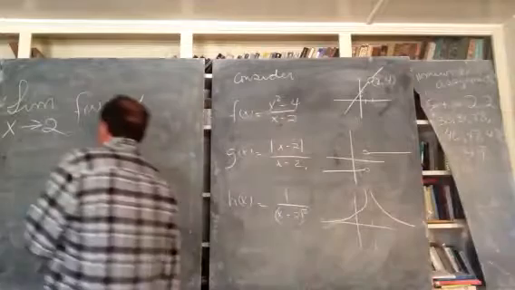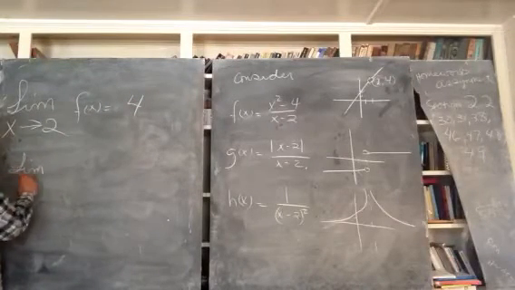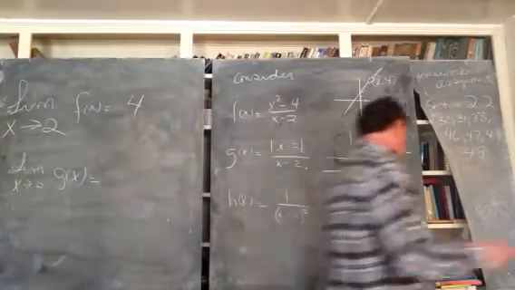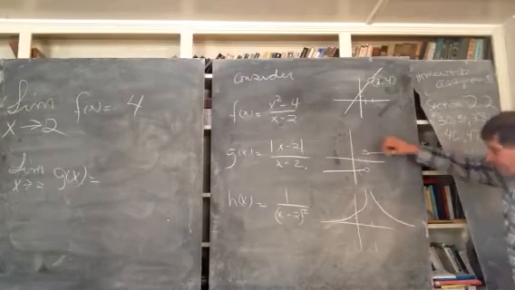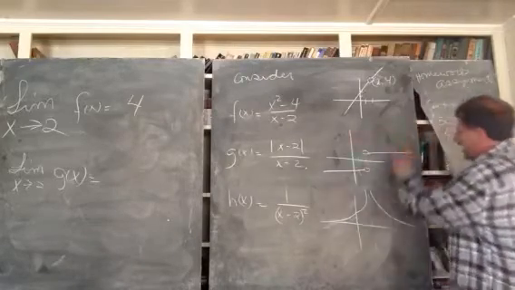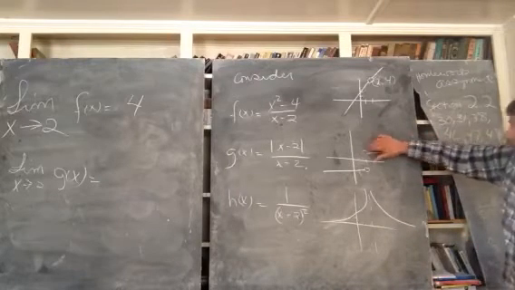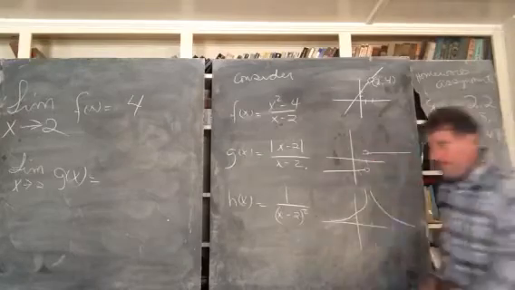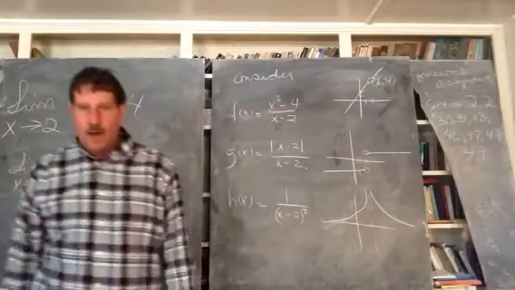And then further, the limit as x approaches 2 of g of x. Well, what's that? Let's see. We're approaching it from this side. That's the positive side. We're going to put a 2 with a little plus sign. Coming from this side, it looks like the limit is 1. However, the limit coming from this side is -1.